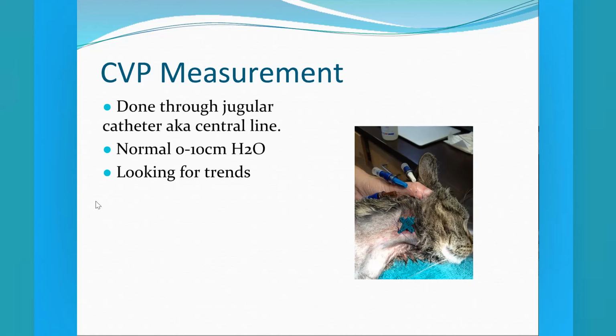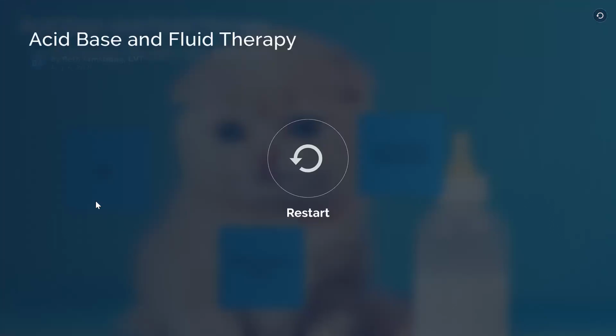So they're done through a jugular catheter or a central line, whatever you'd like to call them. Normal for that is somewhere between 0 to 10 centimeters of water, but you're just looking for trends as well. So that is that.